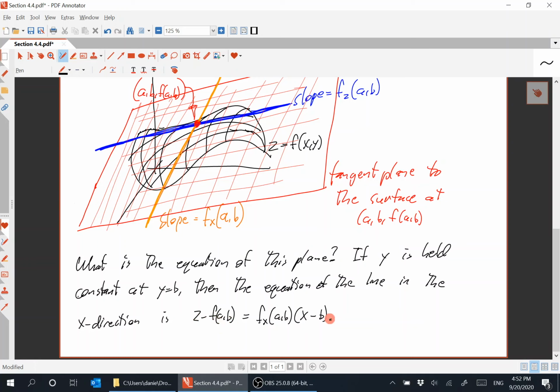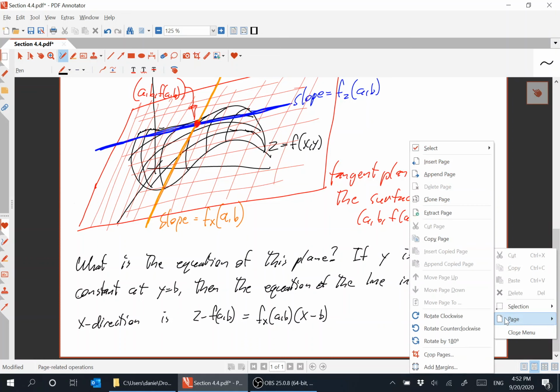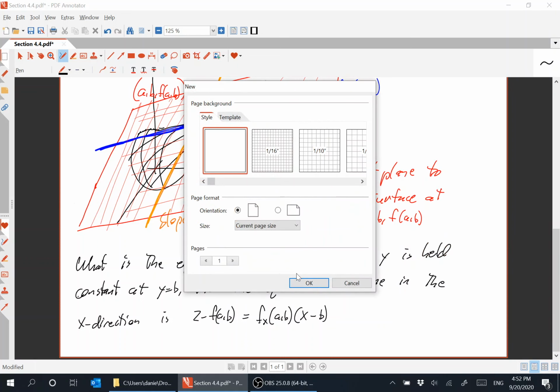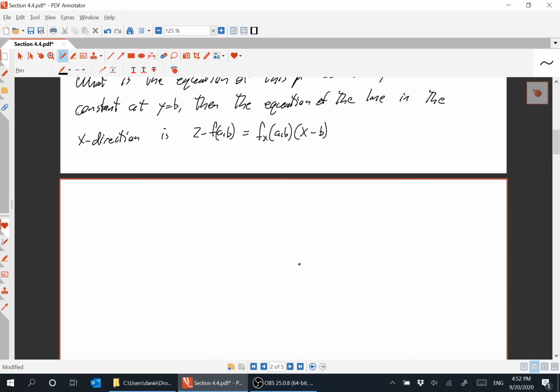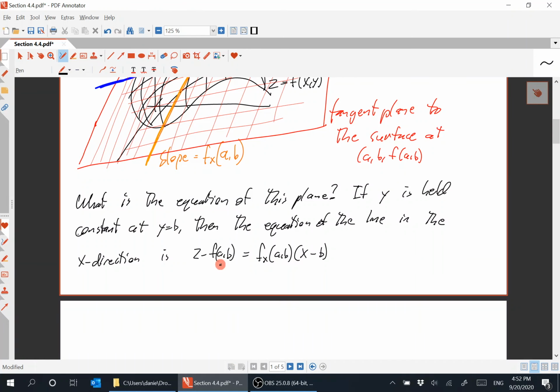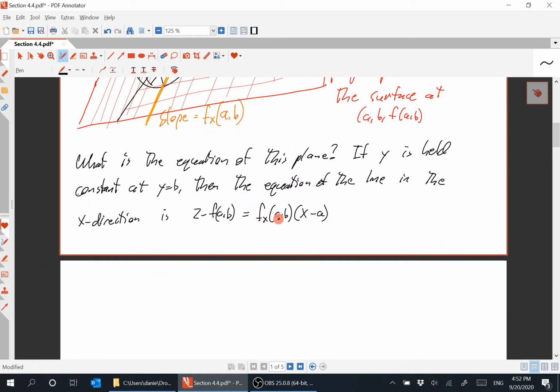Right, so in two dimensions, that's how you get the equation of the tangent line, y minus f of a equals f prime times x minus a. Right, but here we're adapting it to the third variable, z.